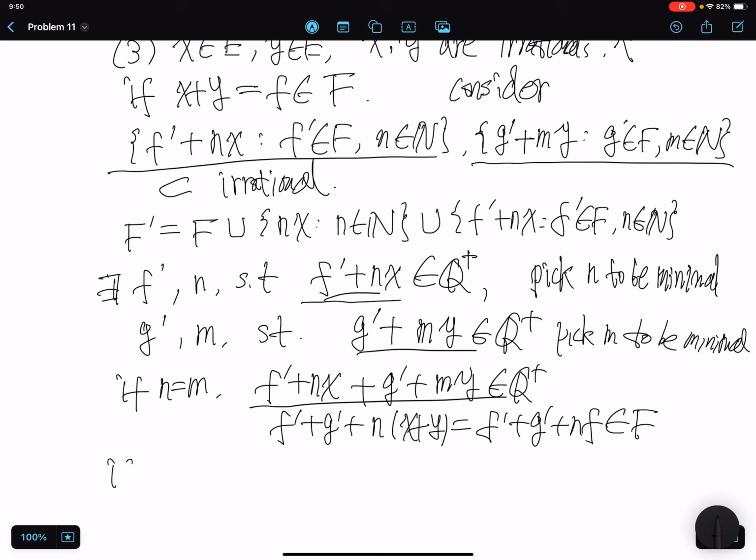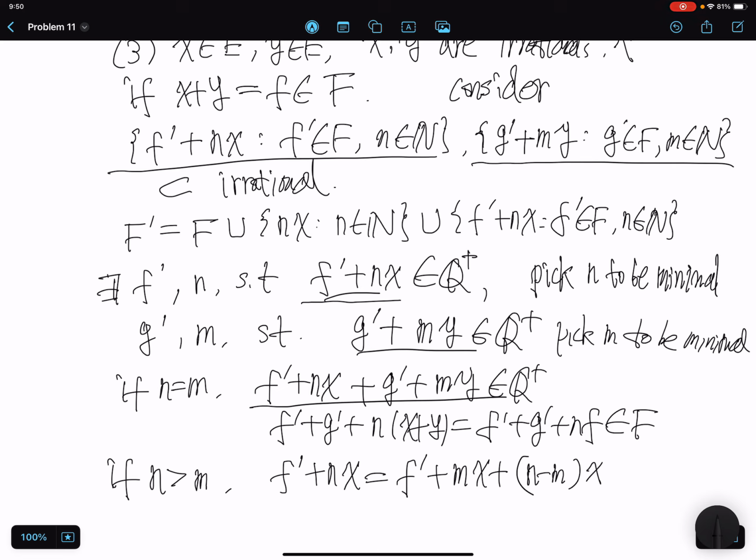So now one of them is bigger, right? Without loss of generality, we assume n is bigger than m. But now in this case, we can write nx in this format: f prime plus mx plus n minus m times x, right?